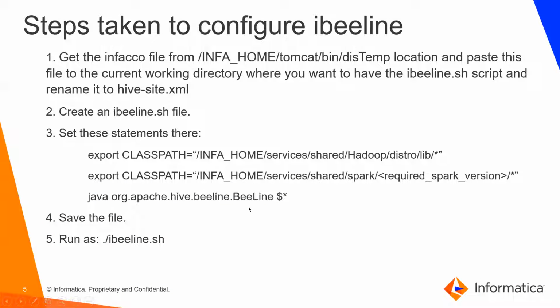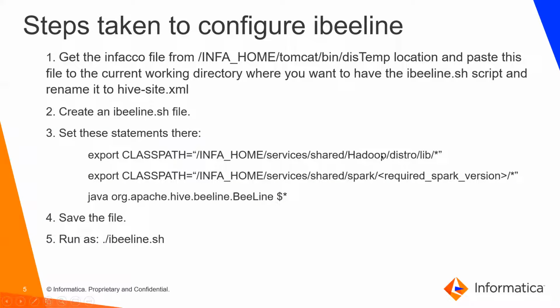Same goes with the configuration of IBLine. We need to copy the infra.cco file again from the DIS temp location and paste it into the current working directory where we want to have the ibline.sh script, and then we can rename it to hivesite.xml. And also we can copy this hivesite.xml file directly from the cluster, as we are going to do with the core-site.xml file. Then we need to create the ibline.sh file where we need to paste these three lines.